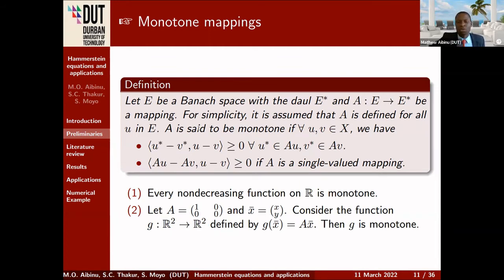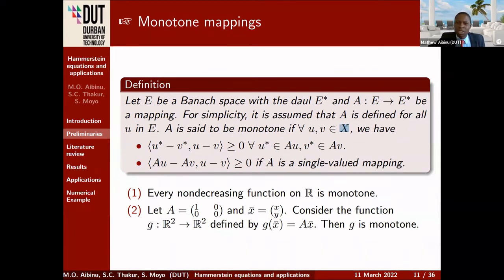Throughout this presentation, we shall assume that A is defined for all u in E. A is said to be monotone if for every u, phi in E, the duality pairing of u star minus p star and u minus phi is greater than or equal to 0 for every u star in Au and p star in A phi.